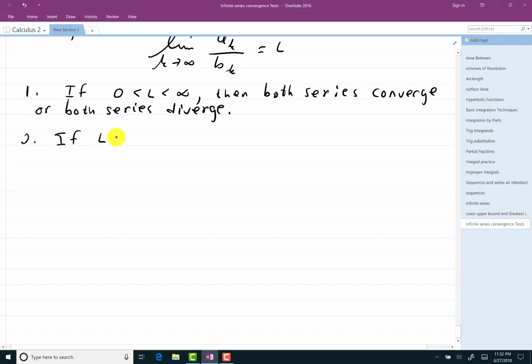If L happens to equal 0 and B_k converges, then A_k also converges.